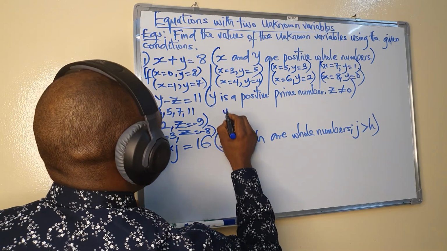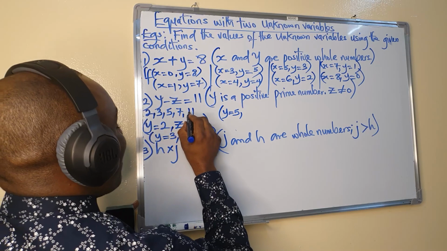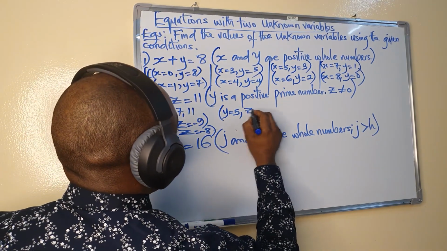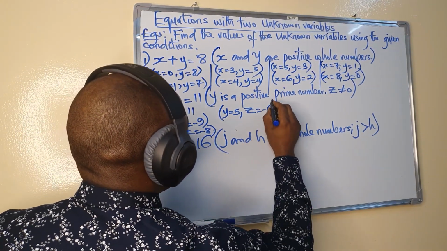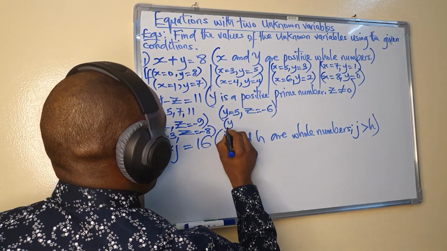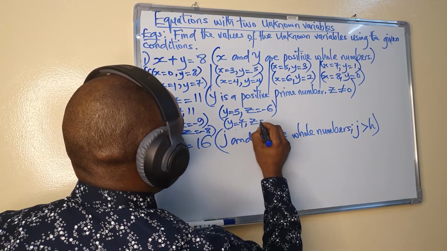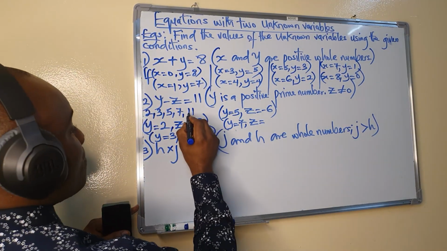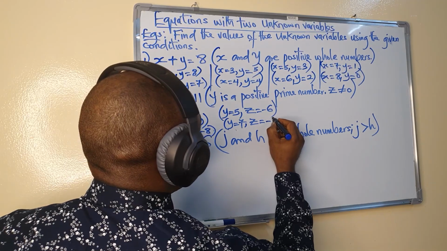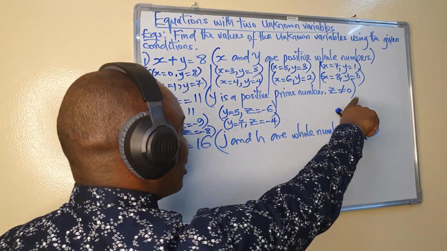When y is 5, what will be z? 5 minus 11 will give you negative 6. So z will be negative 6. When y is equal to 7, z will be equal to 7 minus 11, which will give you negative 4. Remember, z can take any value but not 0.